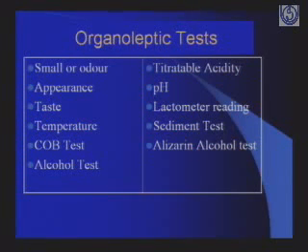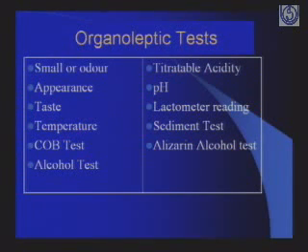If the milk is not of very good quality or developed acidity is there, the milk will get coagulated. So we say a positive COB test, and the milk should be rejected because you cannot process this milk.